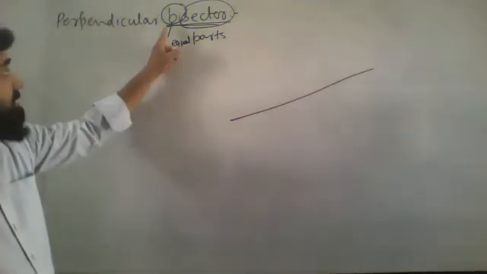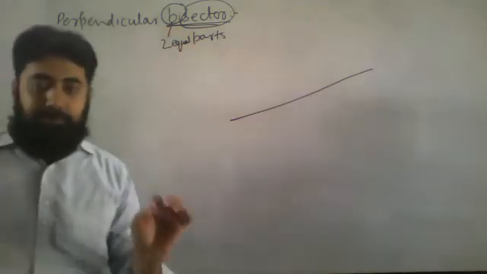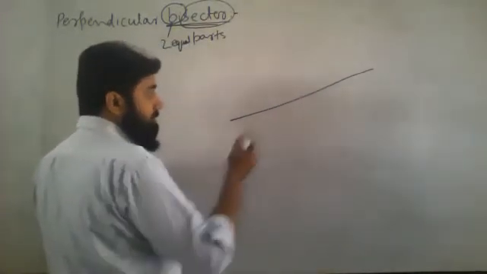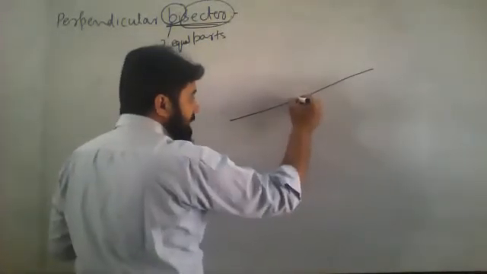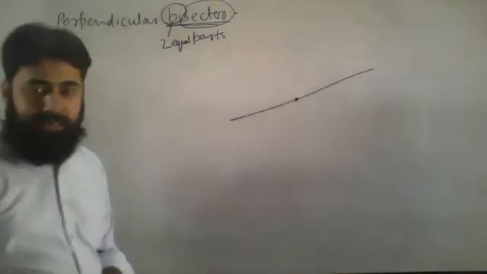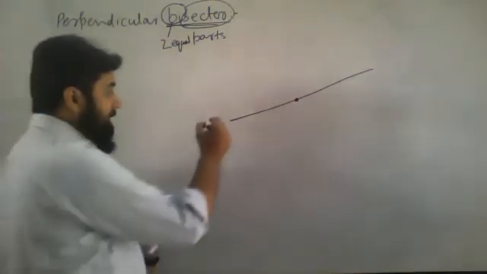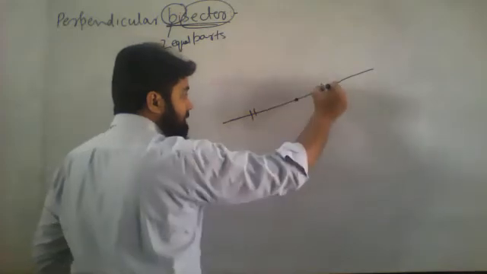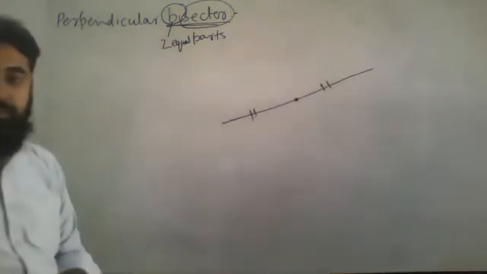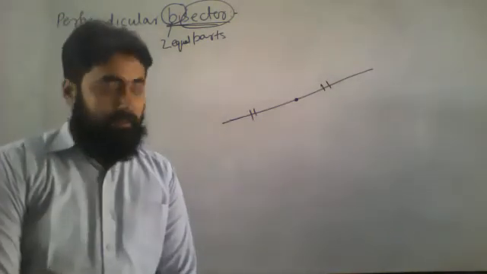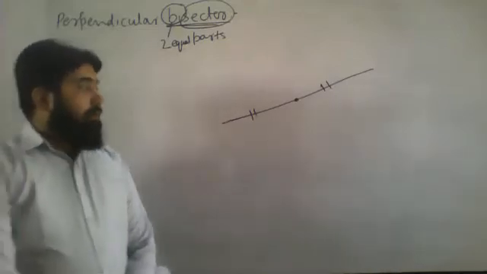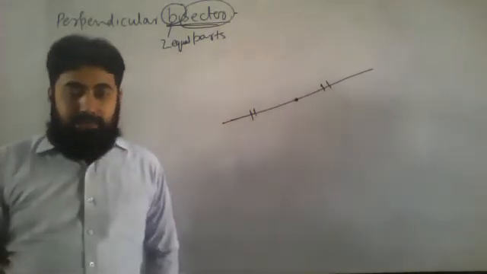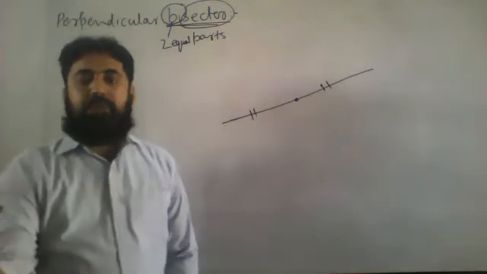Okay. So when we are saying the word bisector, it means, for instance, if I'm saying this is a line, it is getting bisected into two equal parts. So that's why we call it bisector. Now, if I'm saying that this line is bisected by another line, what can be the different scenarios?